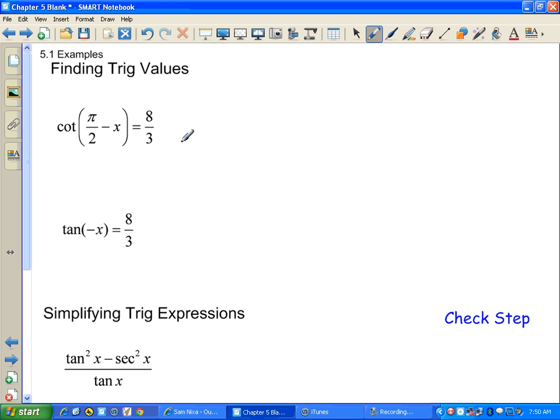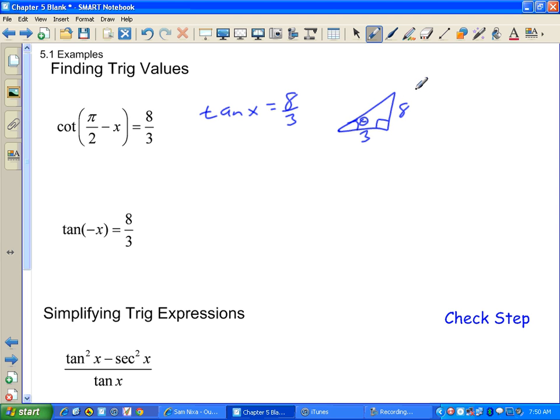So let's look at how we can use some of these. Let's say they want trig values, okay? And they give me this. Well, this is a cofunction form, so I'm going to turn this into just tangent of x equals 8/3. And then on my right triangle, since tangent is opposite over adjacent, I can label opposite and adjacent. They'd probably give you some more information to let you know if these are both positive or both negative.